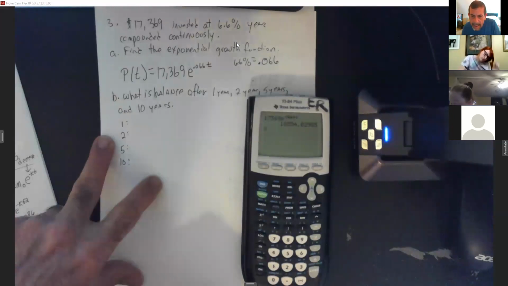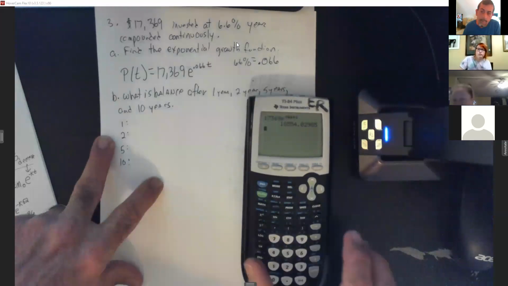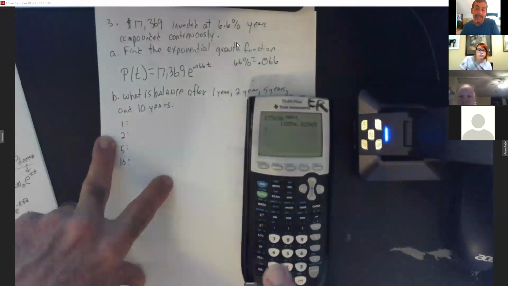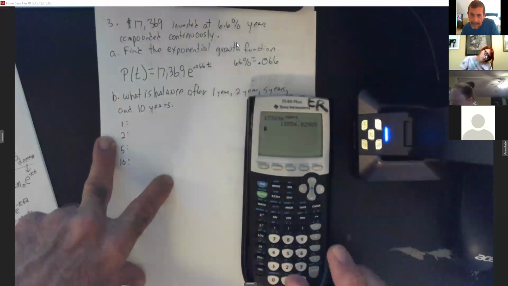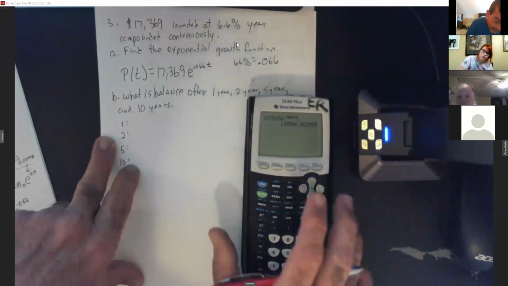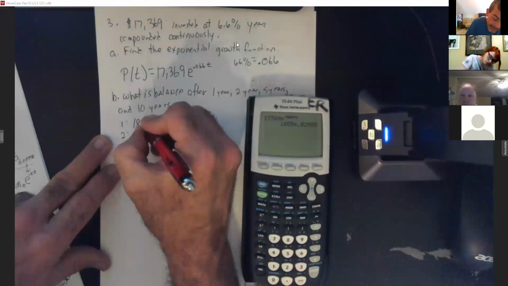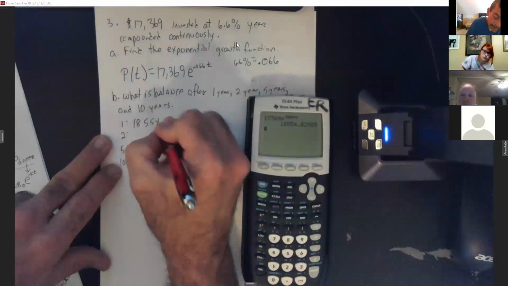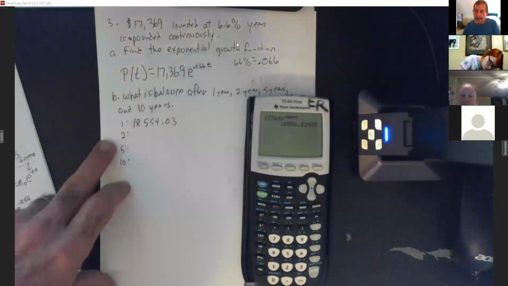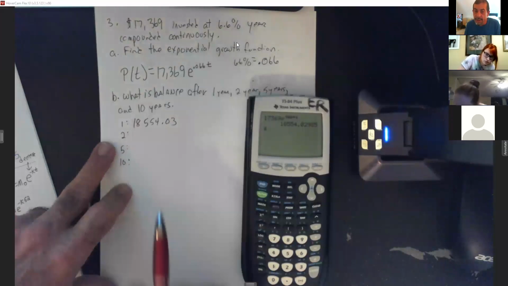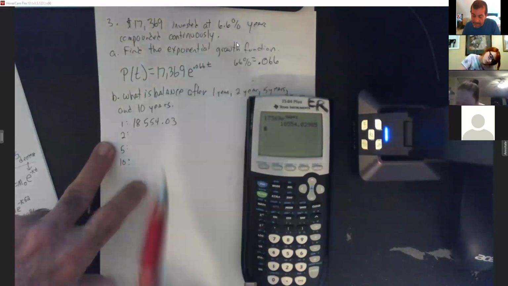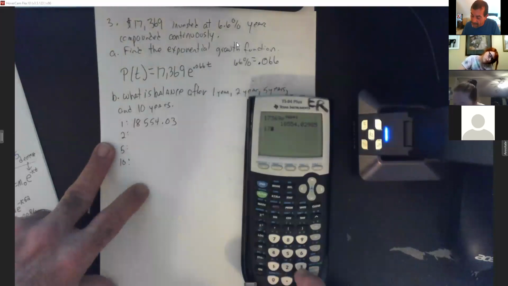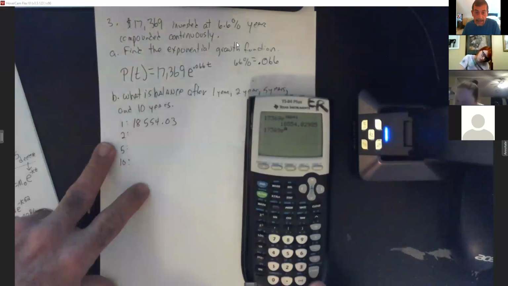So the first one's giving me, looks like 18,554. We're going to round to the nearest cents. So that looks like a 03. So I'm going to go 18,554.03. Now for 2 years, I'm going to do the same formula and put a 2 in for my t. So 17,369, second ln, and then I have 0.066 times 2.